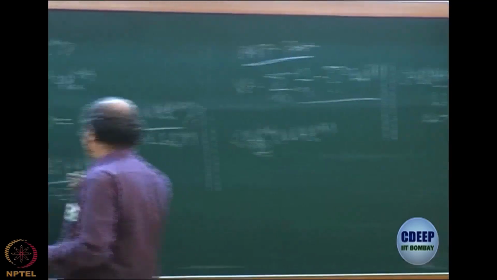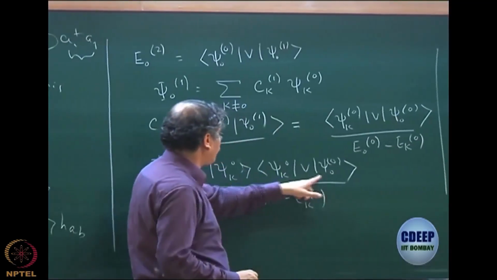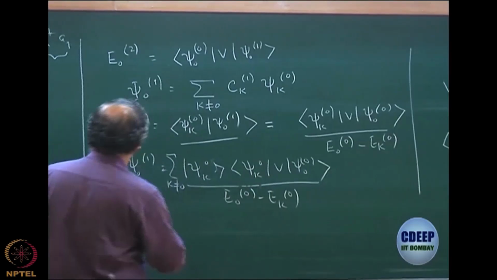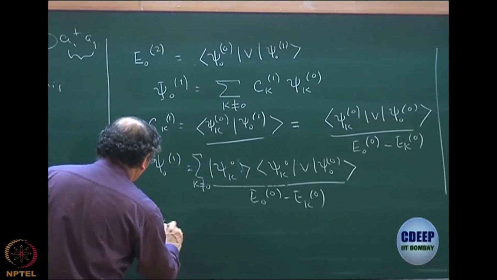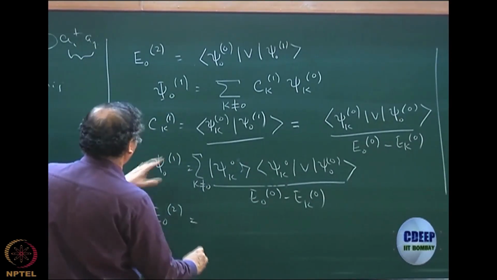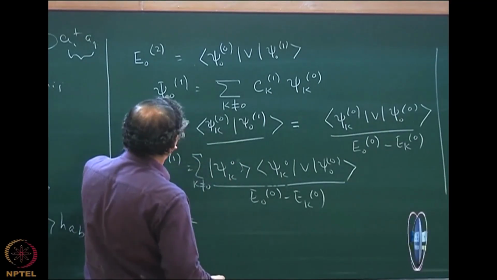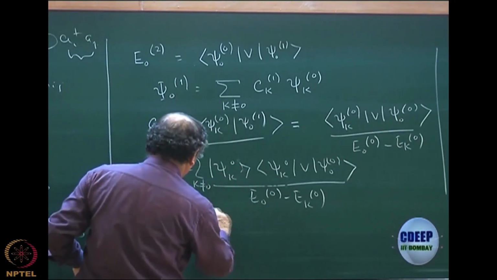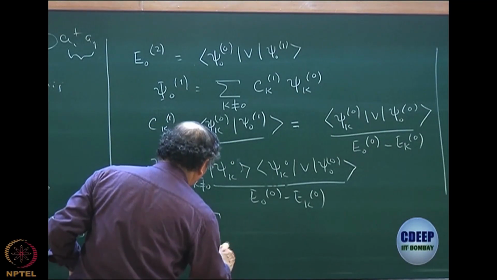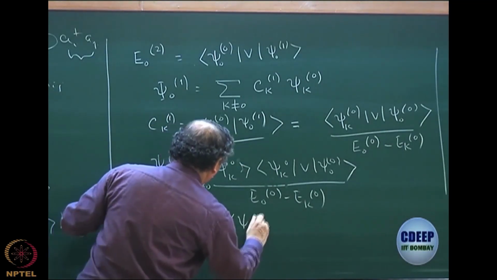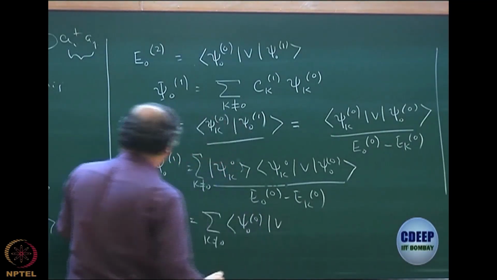That is the first important thing to understand, because I am going from Hartree-Fock to a doubly excited determinant, and in my E naught 2, which just comes as psi 0 0 V psi 0 1, I can now write this as a sum over K not equal to 0 of psi 0 0 V, and then push this psi 0 1.